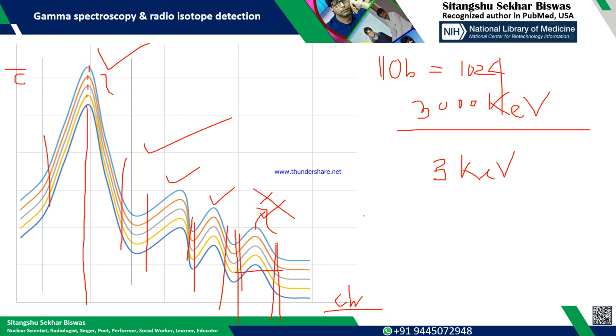And by calculating the total number of counts or the net counts, you can get the enrichment level of the particular fuel.